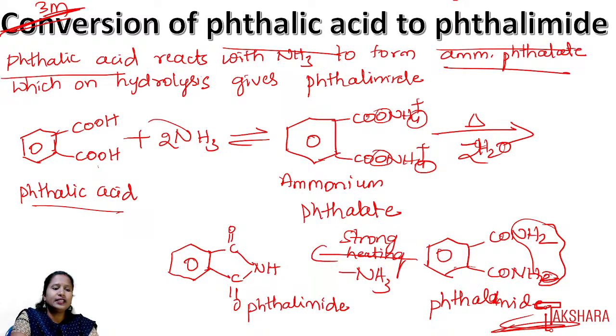When this phthalic acid is combined with NH3, the first product we get is ammonium phthalate. Further, when we continue the reaction of ammonium phthalate, removal of water molecules takes place and we get the product phthalamide. Again when we strongly heat phthalamide, 1 mole of NH3 is going to be removed and we will get the final product, what?